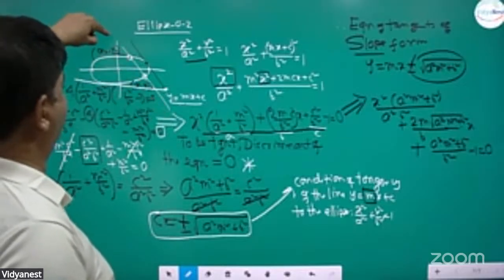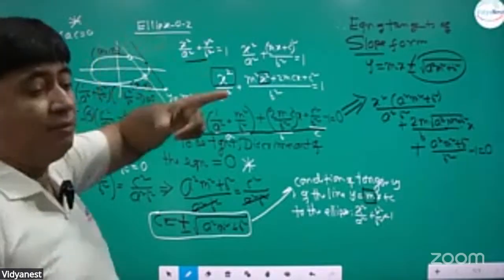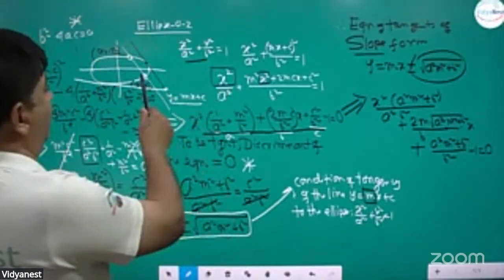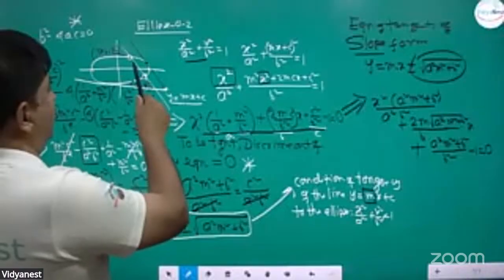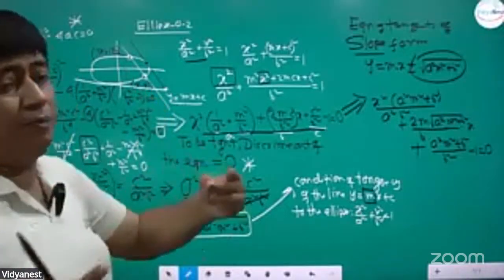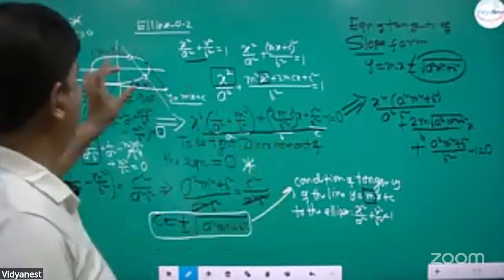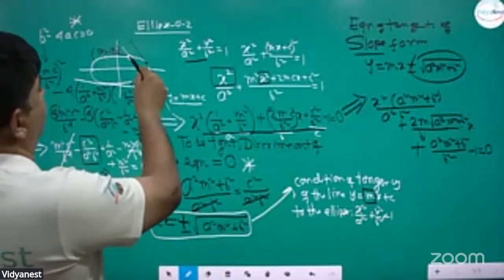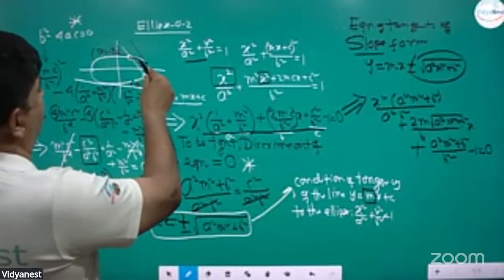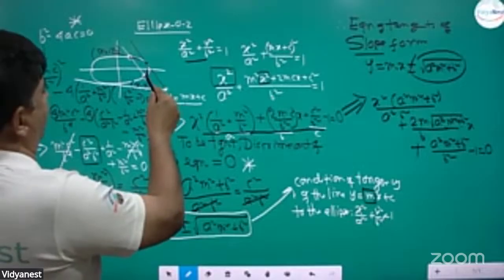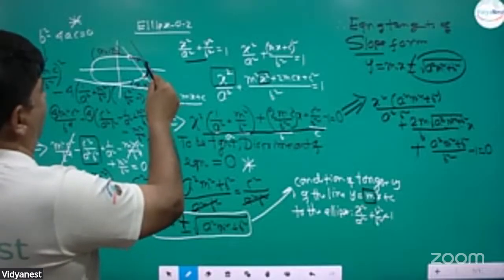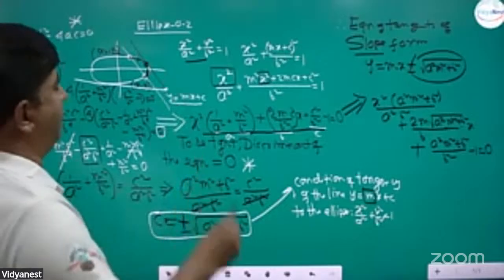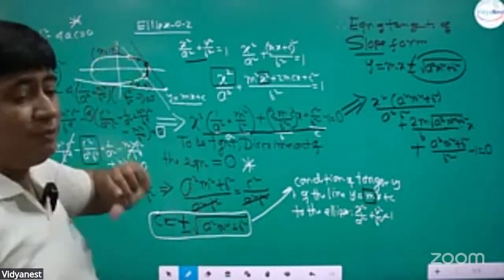Now when will it become a tangent? When these two intersecting or meeting points fall on each other. See, gradually this point is approaching the other, and once they fall on each other, that chord will become a tangent. What is meant by that?